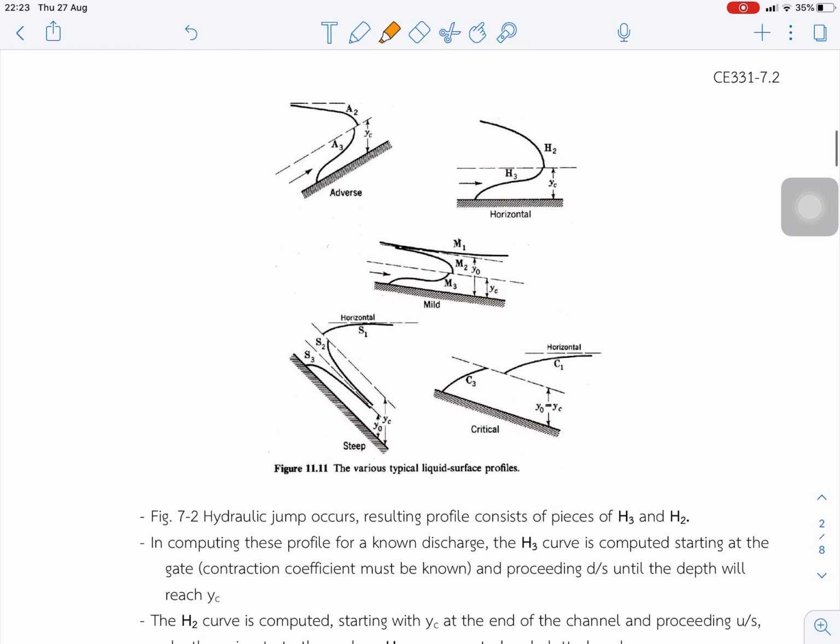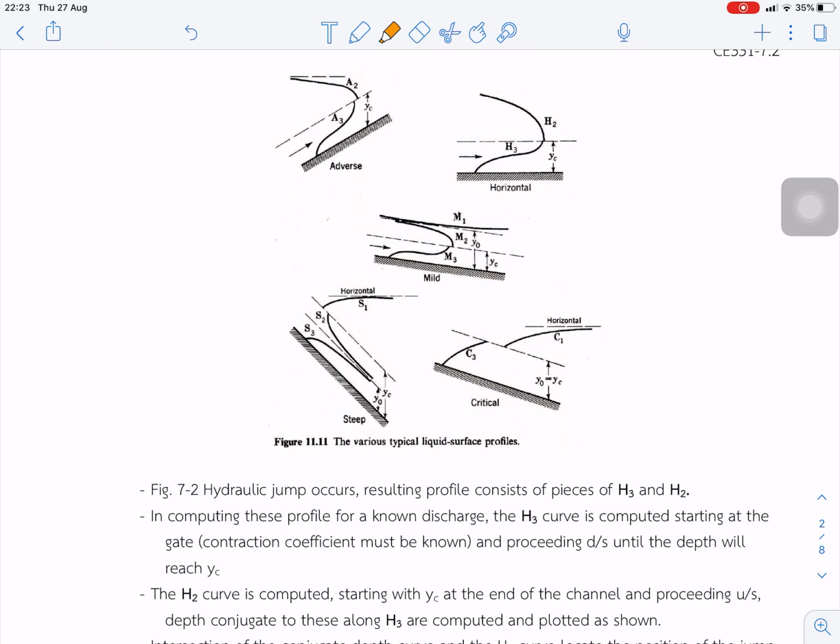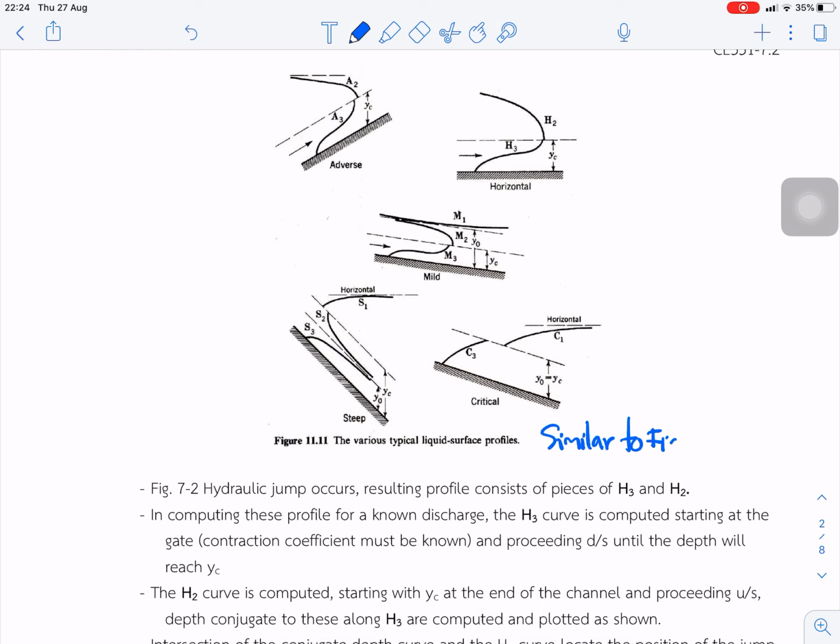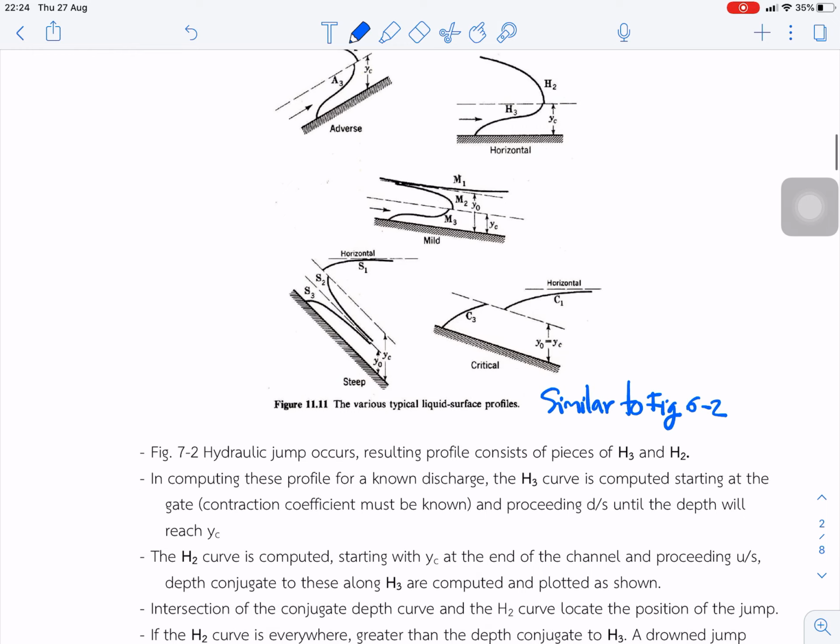This figure is similar to the previous lecture, classifying the names of the water surface profiles, just combined together in one figure.